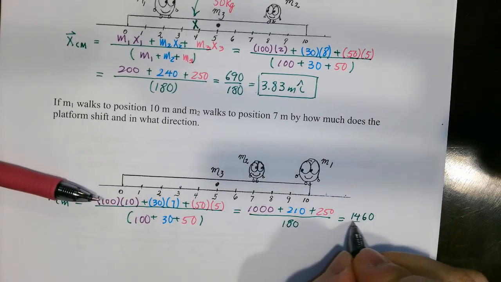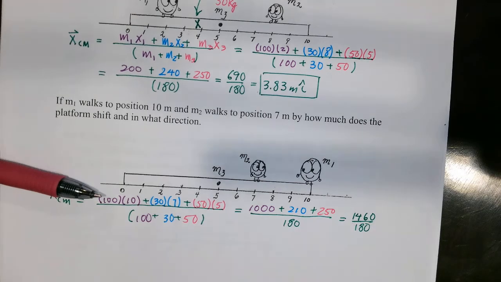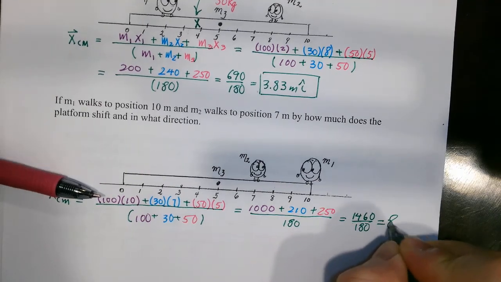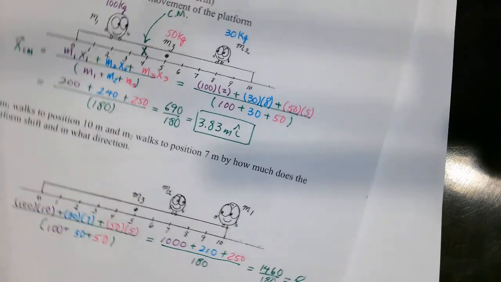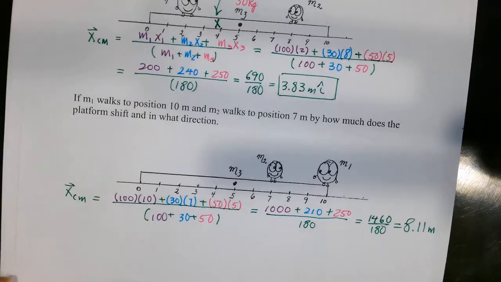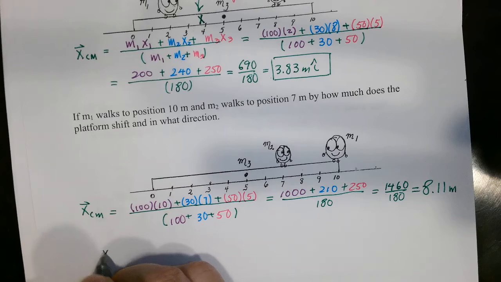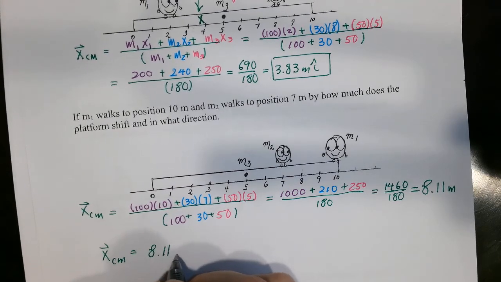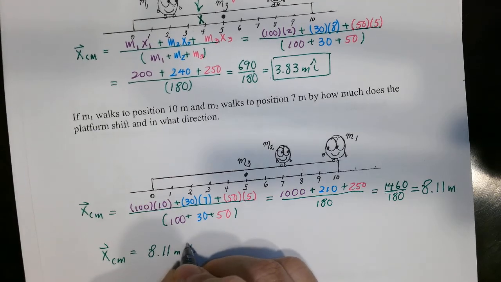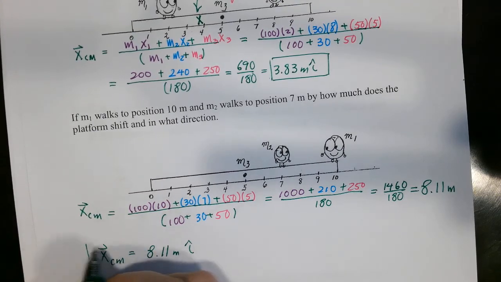Divide that by 180. Okay? So what do you get? I get 8.1 repeating, right? So the center of mass comes out to 8.11 meters, i hat for this one.